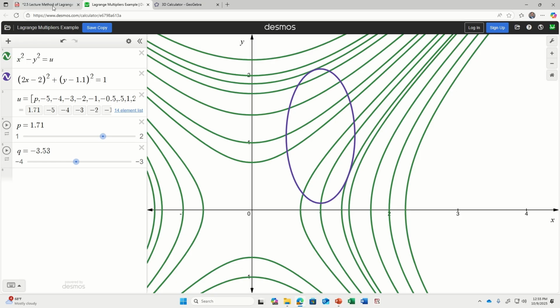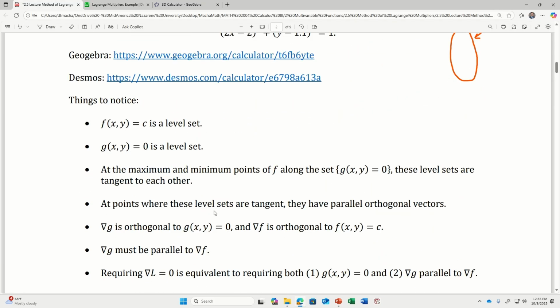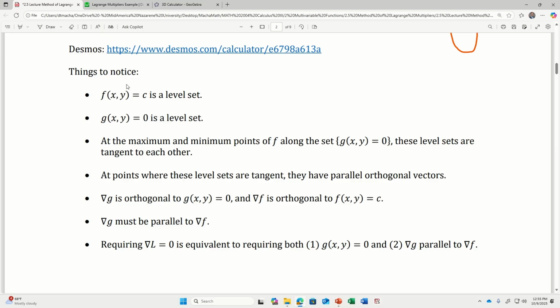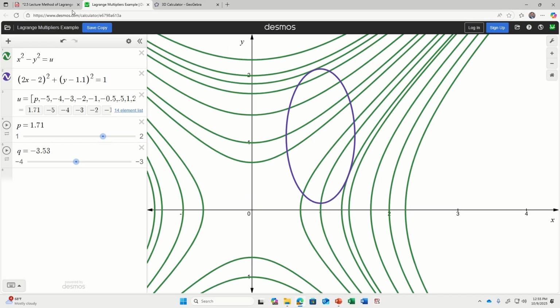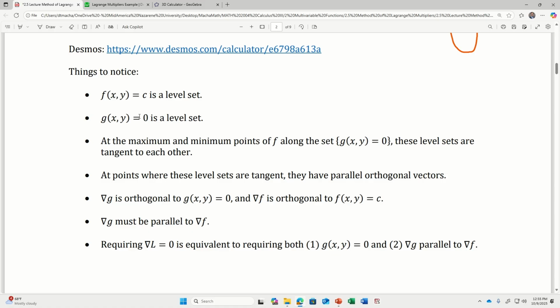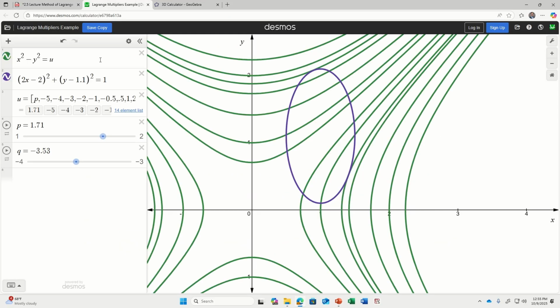And what I want you to notice is that when I set my function value equal to a constant, that creates a level set like you see in green. When I set my constraint equation on there, typing out something like 2x minus 2 squared plus y minus 1.1 squared minus 1 equals 0, that is also a level set of a function, right?